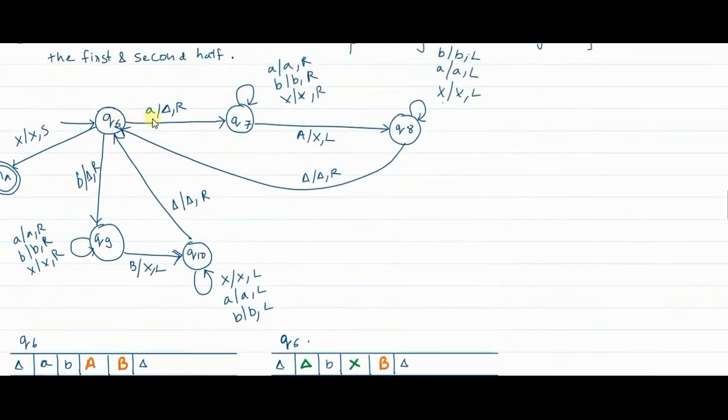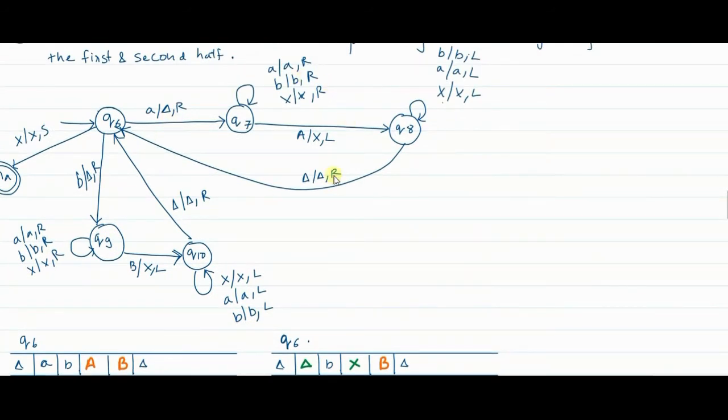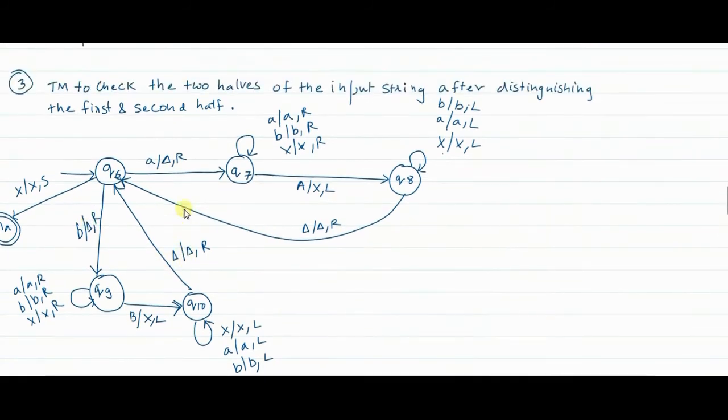One thing to note: in this last Turing machine, every element encountered, small a, small b, we are erasing, because at the end of this computation we don't want the original string to remain on the Turing machine. We are not interested in the original string. We are just interested to know whether that string, whatever it was, is finally accepted or rejected.